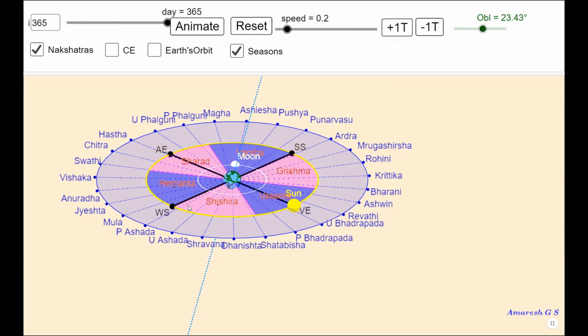However, the Gregorian calendar does a good job in matching the days of the cardinal points of this celestial clock.